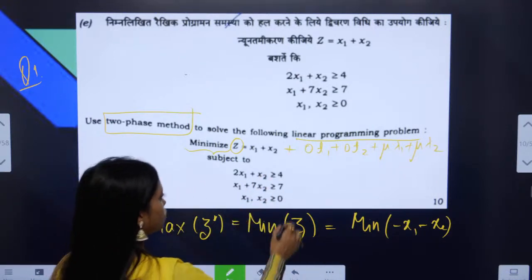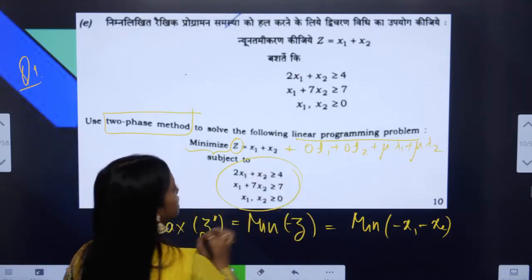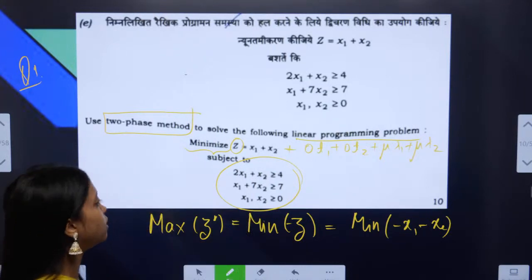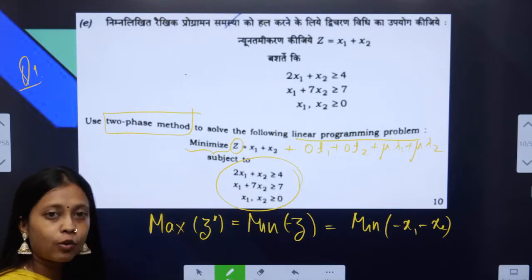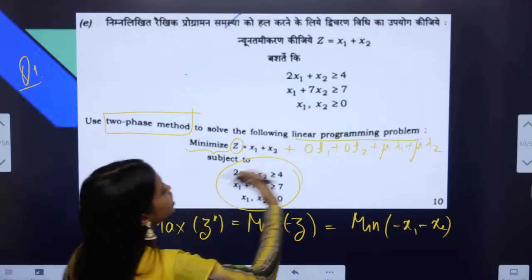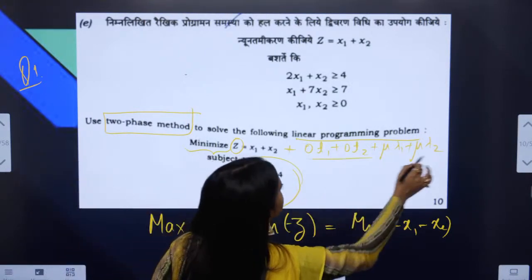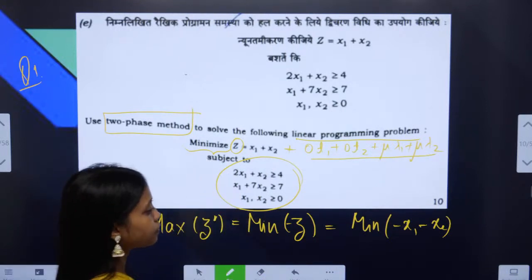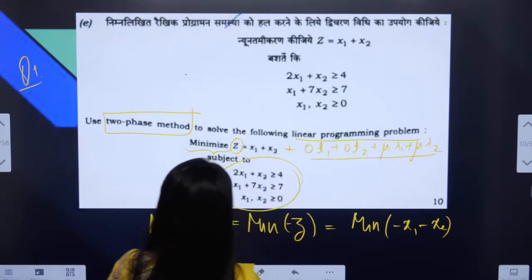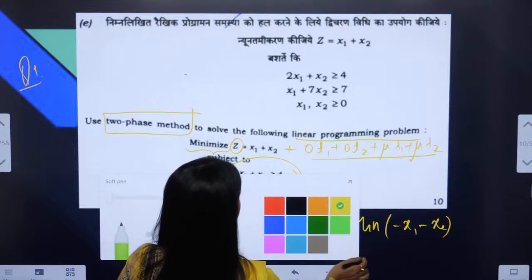So that these constraints, the constraints which are given in terms of your inequality, first of all you have to change it in terms of equality, and these dummy variables will help you. The variables that you have added over here are going to help you and they will give you the answer. Okay.